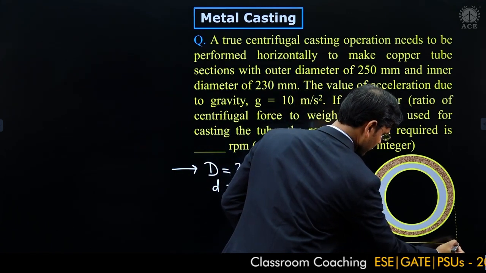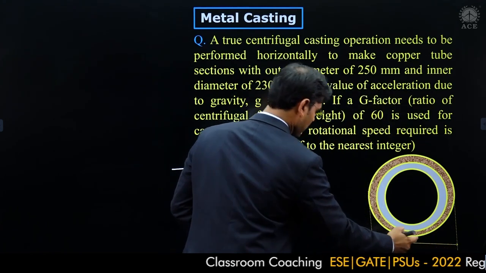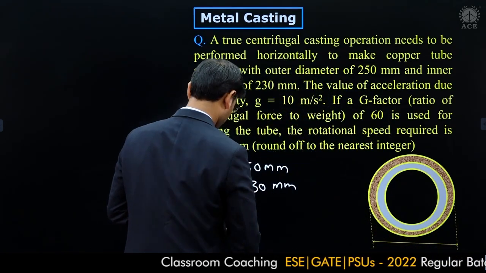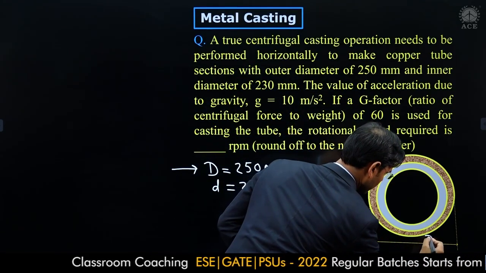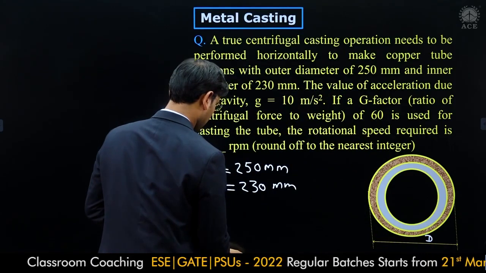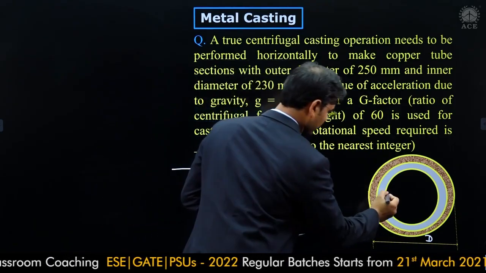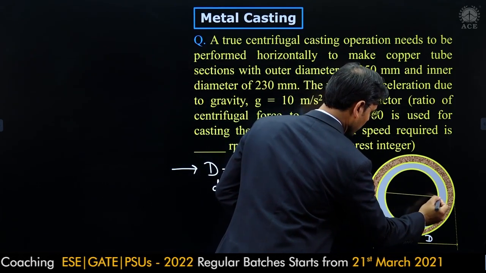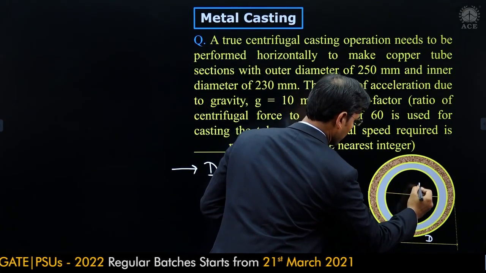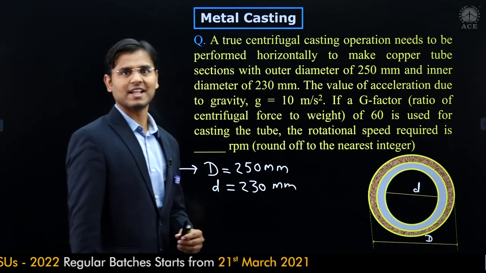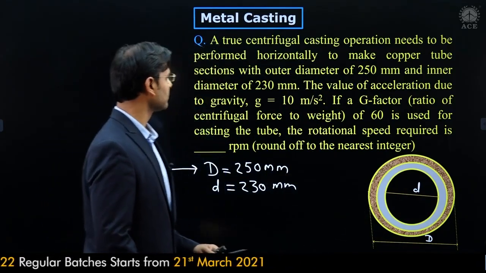Just see, this is the outer diameter, that is capital D. And just see the inner diameter. Both the diameters are given. This is the small d that we have to manufacture.